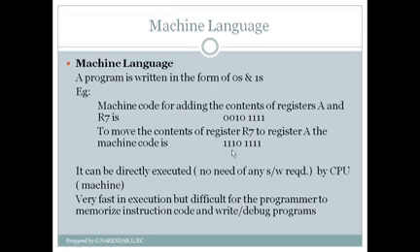So for the programmer, it will be very difficult to remember the machine codes, and if at all there is a bug, that means here, if this 1 changes to 0, it is very difficult for the programmer to find out where is the bug, and to rectify it is very difficult.